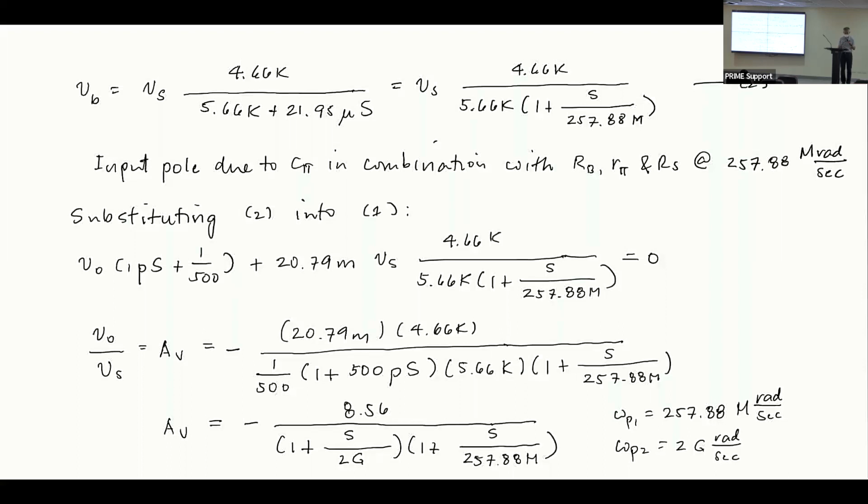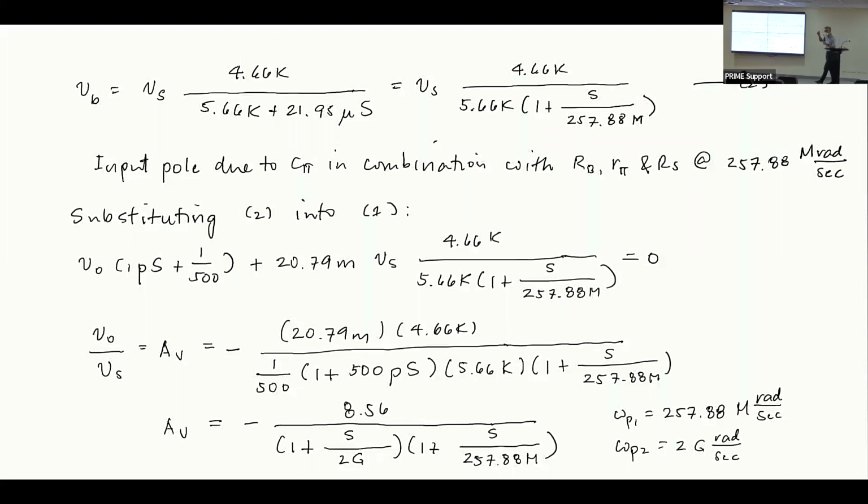And you can see that in the relationship between your base to emitter voltage and your source voltage, there is a pole that is introduced. Okay, notice that this is a pole. That pole is due to the existence of your CPi.